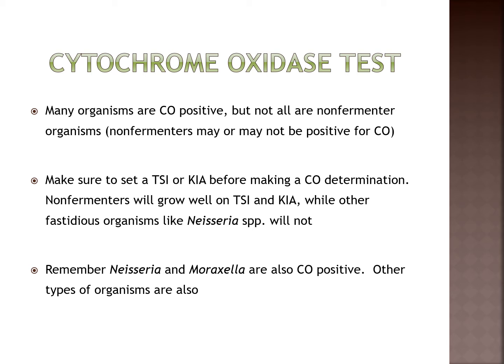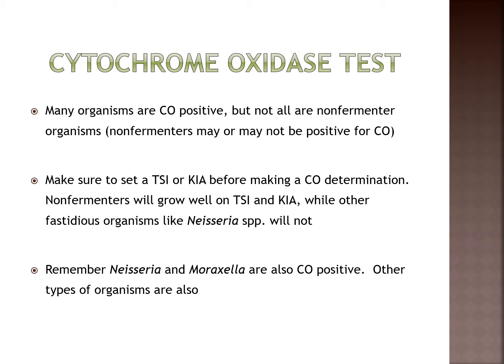Many of the non-fermenters are cytochrome oxidase positive, but not all non-fermenters will be positive for cytochrome oxidase, but most of them are. Make sure that you set up a TSI before making a cytochrome oxidase determination. If your bug is growing on TSI and it's alkaline over alkaline, then you can go ahead and do the oxidase test.